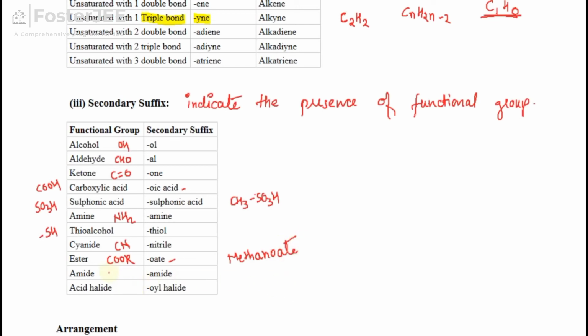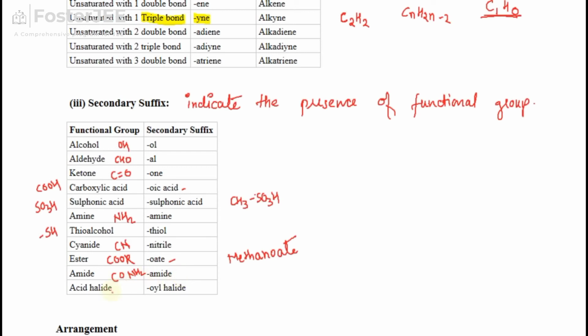Now, if the amide group is present, amide means CONH2, then the suffix will be amide. For example, acetamide, ethanamide, methanamide.